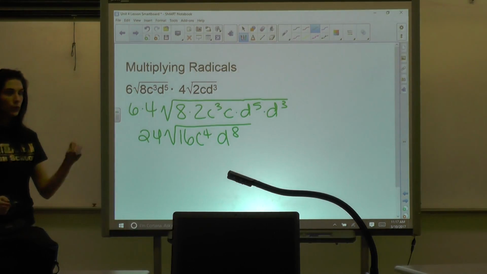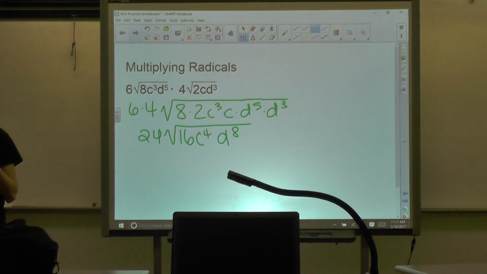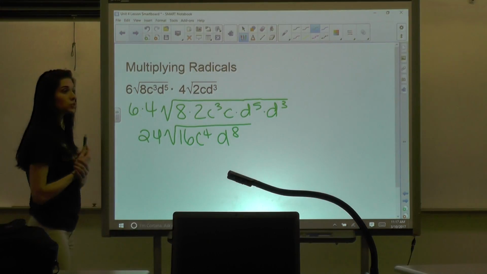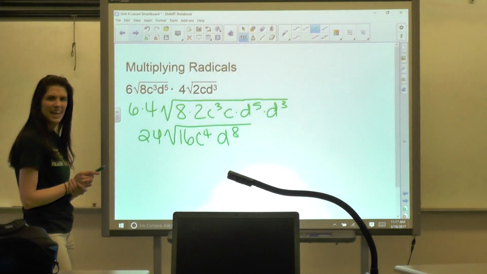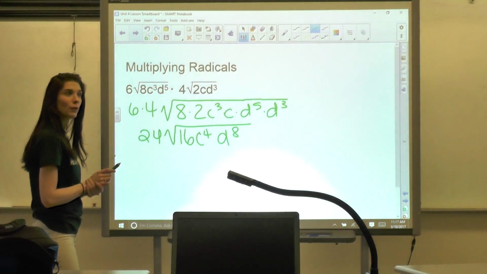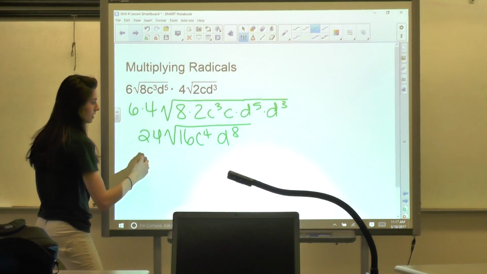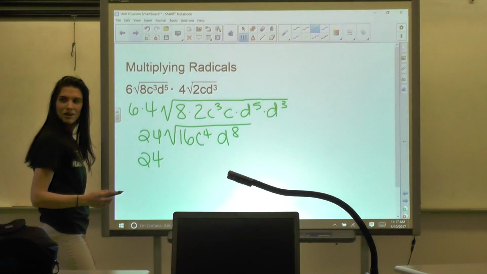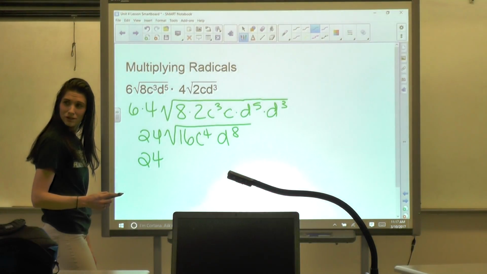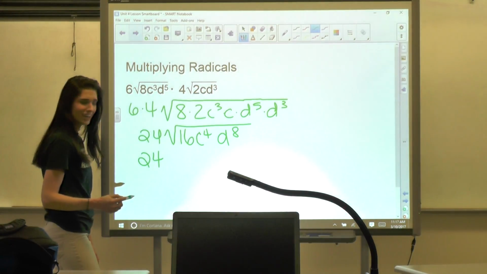This is a square root. So how many do I have to have in order to bring out 1? 2. Can you take the square root of 16? Yeah. What is it? 4.